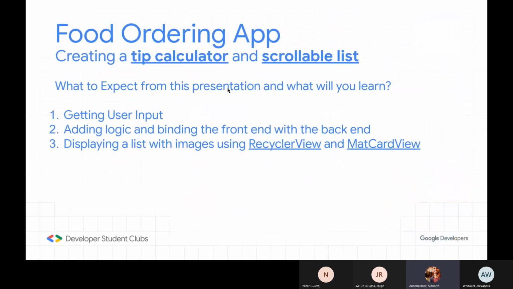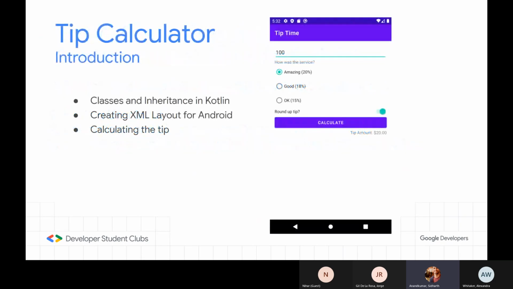So quick recap, we are focused on two things, tip calculator and scrollable list. In the first presentation, we finished the tip calculator. We talked about classes and inheritance, and actually creating the front end for the app using XML, and then did some back-end binding to actually calculate the tip.